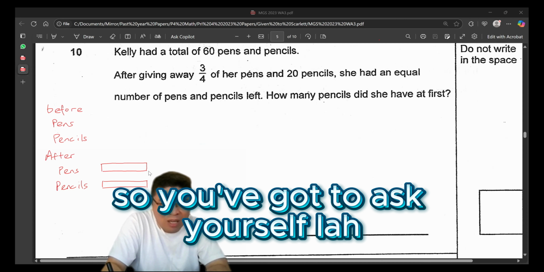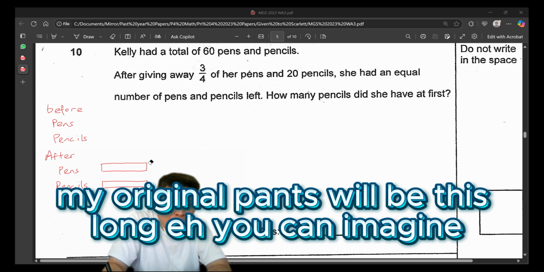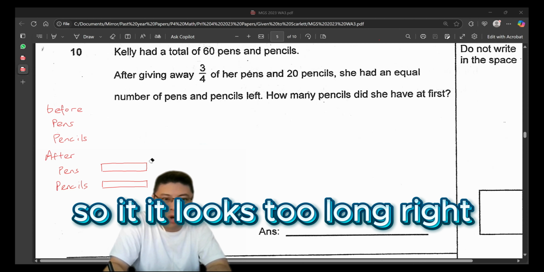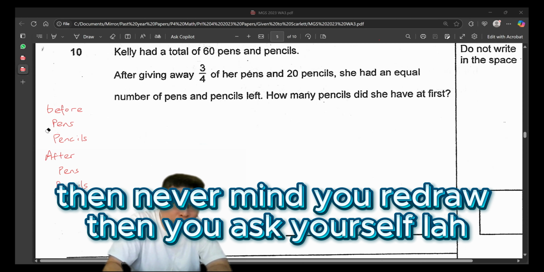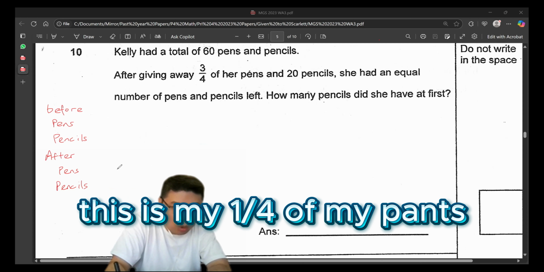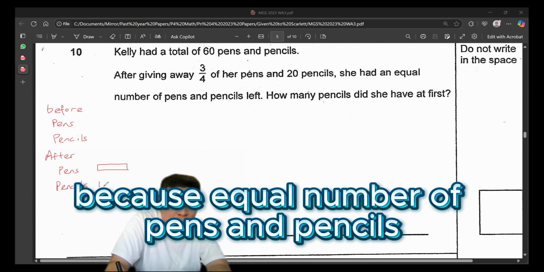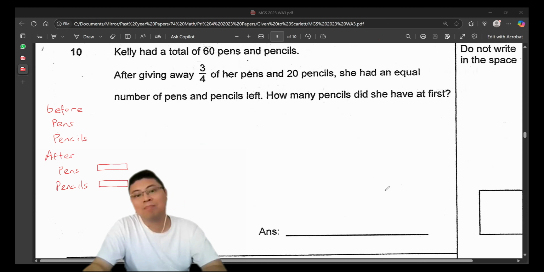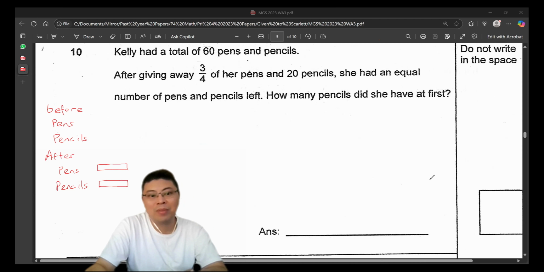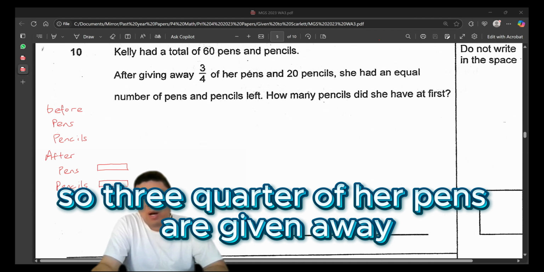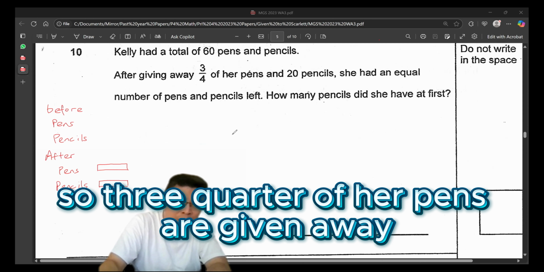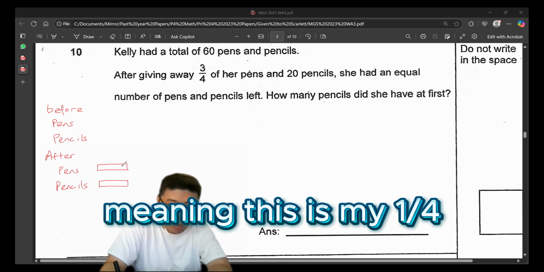So you've got to ask yourself, if this is 1/4 of my pens left, my original pens will be this long. It looks too long, right? Then never mind, you redraw. This is my 1/4 of my pens. Then same length, because equal number of pens and pencils. Does that make sense? So 3/4 of her pens are given away, meaning this is my 1/4.